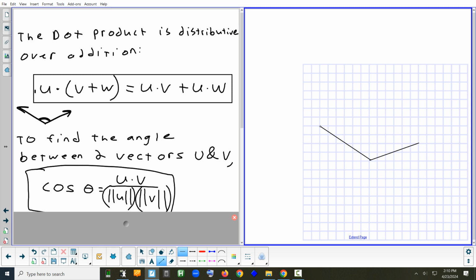Triangle. We could turn it into a triangle. These would have little arrows on them. That doesn't really matter. And then what could you figure out about each side based on the fact that it's on a grid? The length. Yeah, you could find the length of each side.